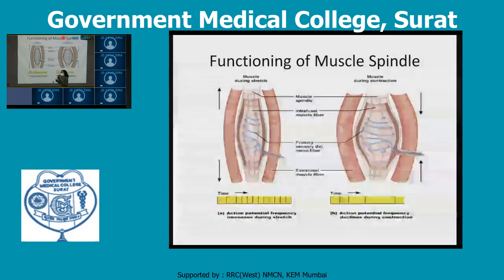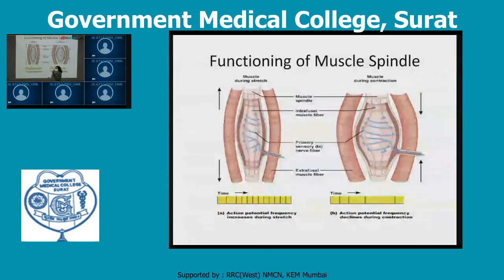Because of this gamma co-activation, as I had told you, 31% of the descending tracts output goes to the gamma neurons, and the rest of it goes to the alpha motor neuron.